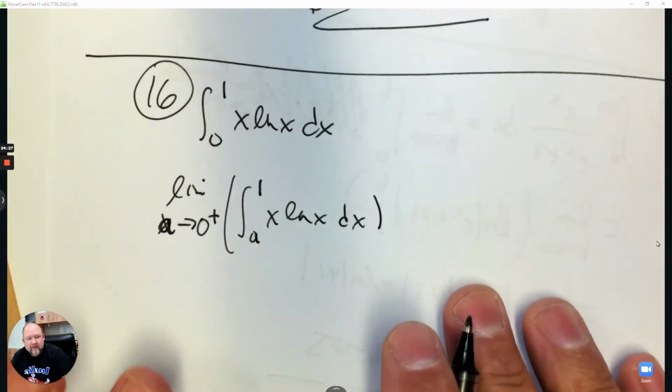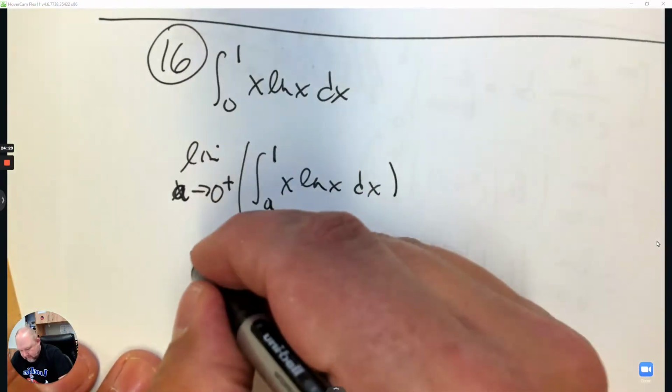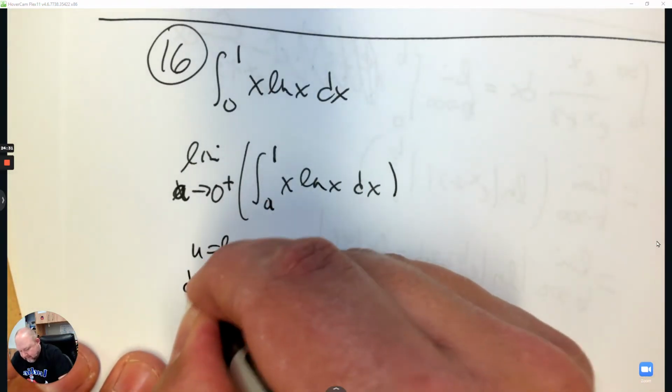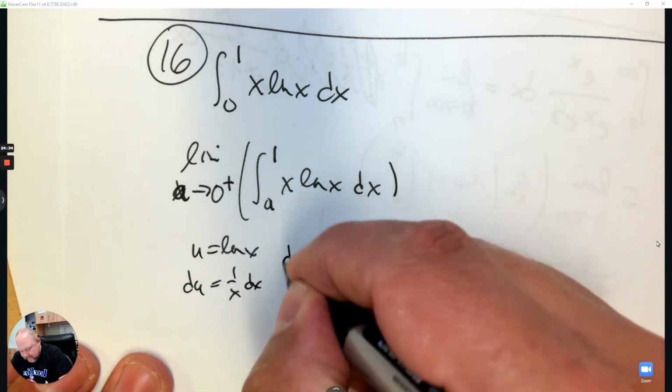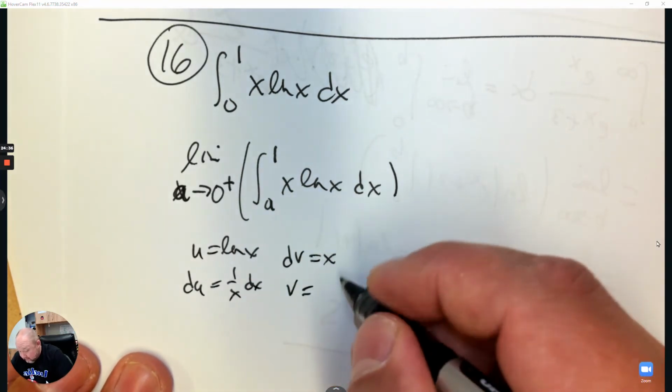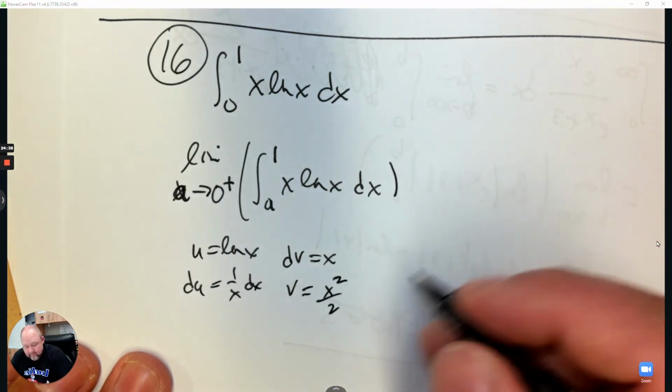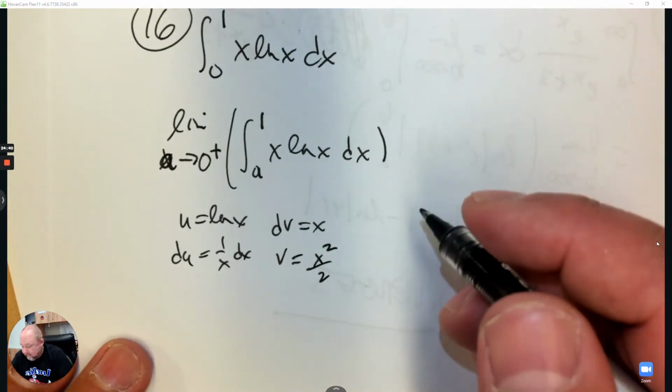The technique we're going to use to integrate this is by parts. U has to be ln x, and du then is 1 over x. dv is x, so v is the integration of that. And then use the formula.